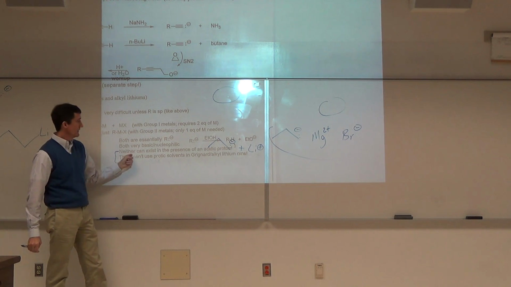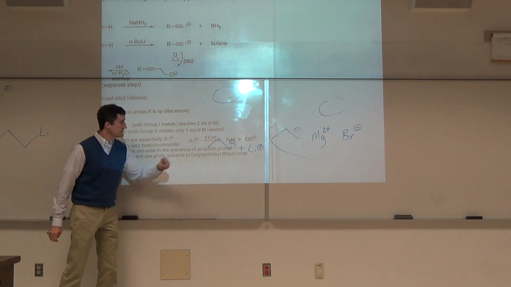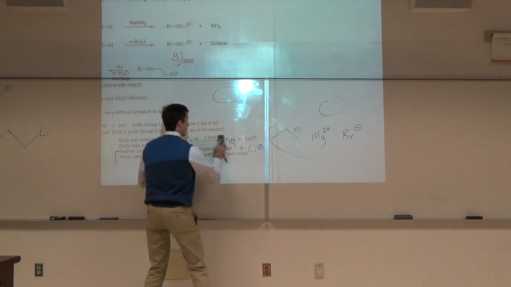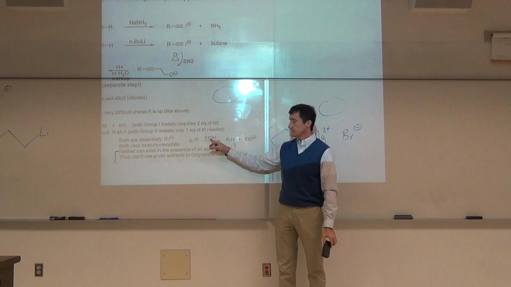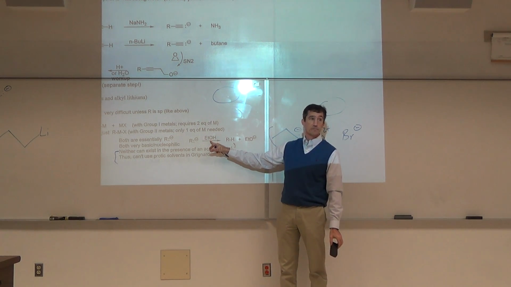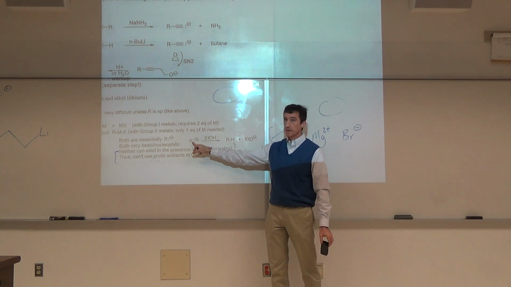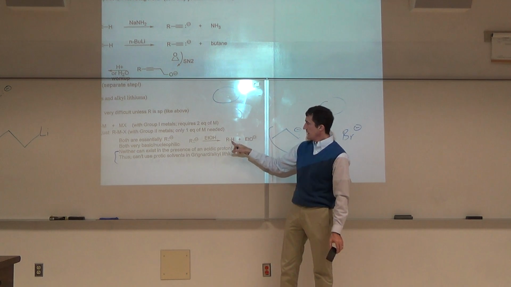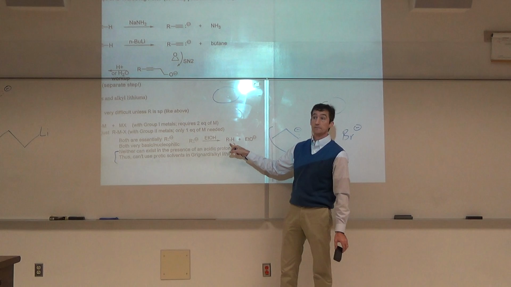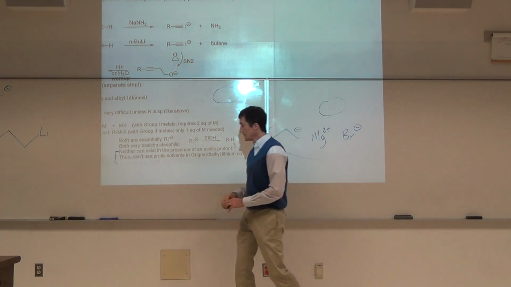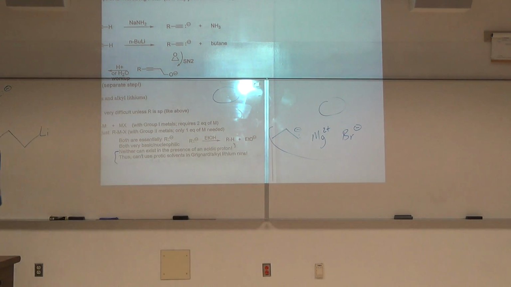None of them can exist in the presence of an acidic proton. If you try to use ethanol as a solvent, that's a poor choice. Because this is a very strong base, it'll just take that proton and you'll protonate your nucleophile and game over. It's no longer a nucleophile. Choice of solvent's very important.